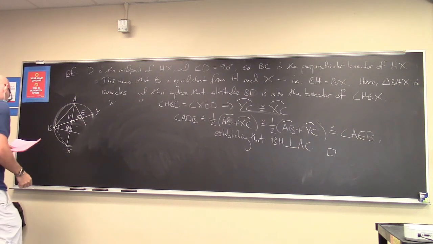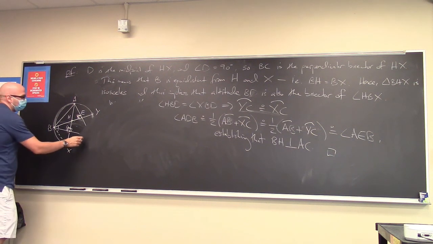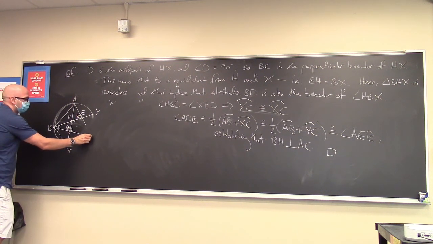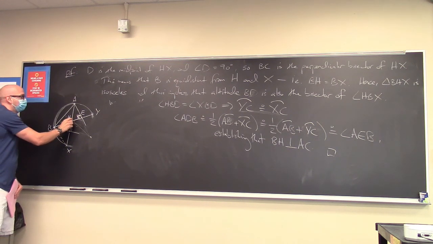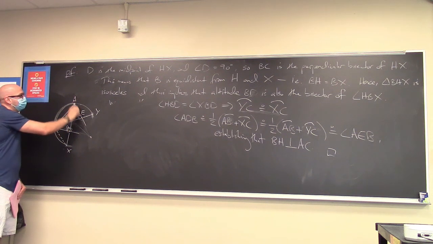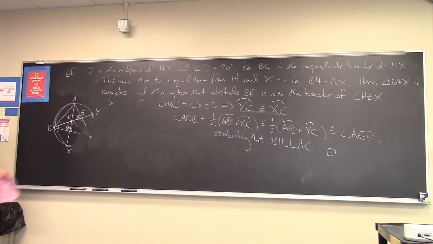I won't write any of this stuff, but you can then play the same game with the other vertices and drop all of their altitudes, and you'll show that those also pass through H. So H is a very special point. It's called the orthocenter, and it's the point of concurrence between all the altitudes of at least an acute triangle. It's actually true for all triangles.